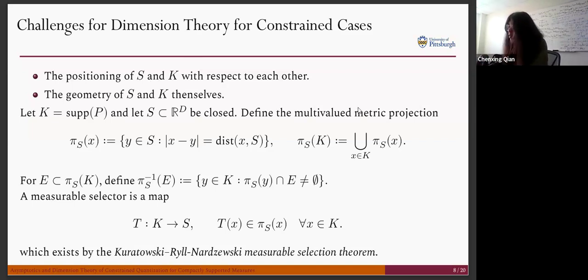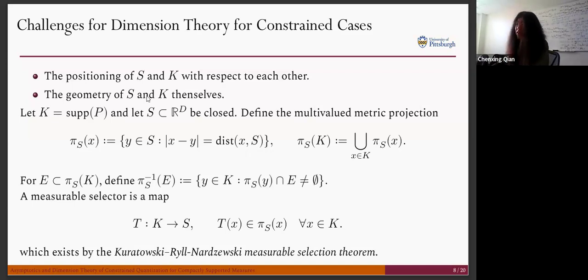This is an old technical tool in convex geometry, and it's defined as follows: the metric projection sends one point X in the probability measure support to the set of elements in the constraint which have the minimal distance from that point X to the set S.